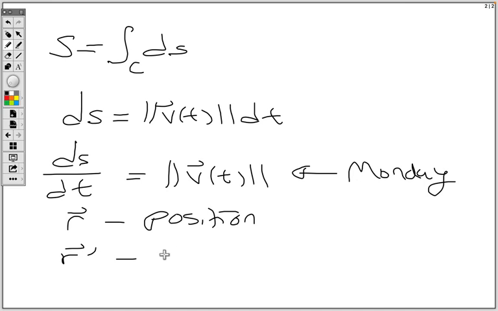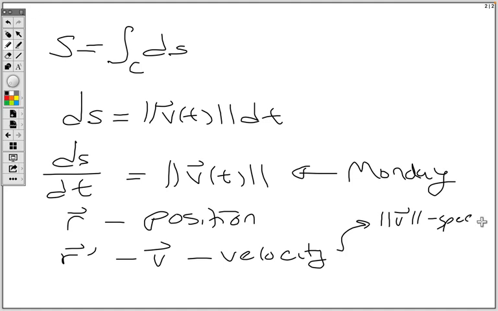So the derivative of the position is the what function? Yeah, that's our velocity. That's going to be v. And we've already talked about the magnitude of velocity, which is our speed. And the direction of velocity, that's t hat, our principal unit tangent vector. So that's the direction we're going.